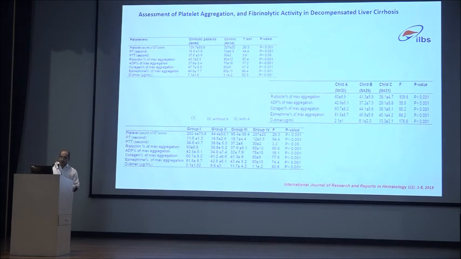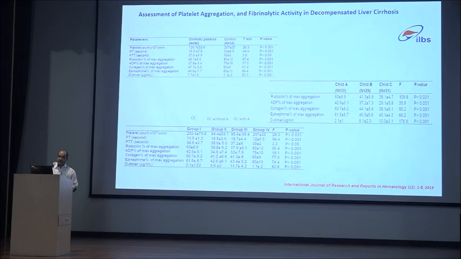Now, another study also says a similar thing, that in cirrhotic patients, the aggregation by various agonists, such as ristocetin, ADP, collagen, epinephrine, D-dimer, these can be agonists, so they can be used to activate the platelet and subsequently the aggregation.